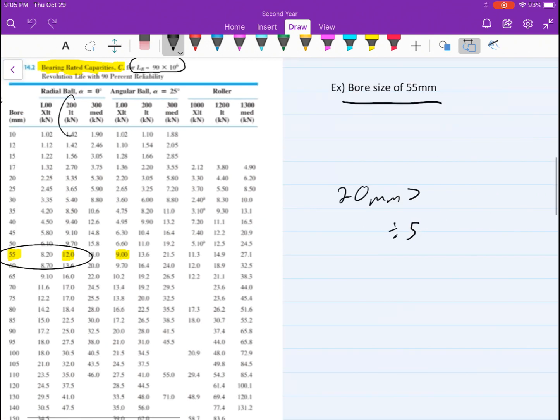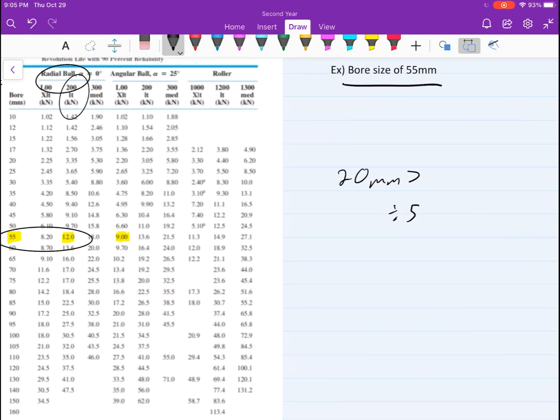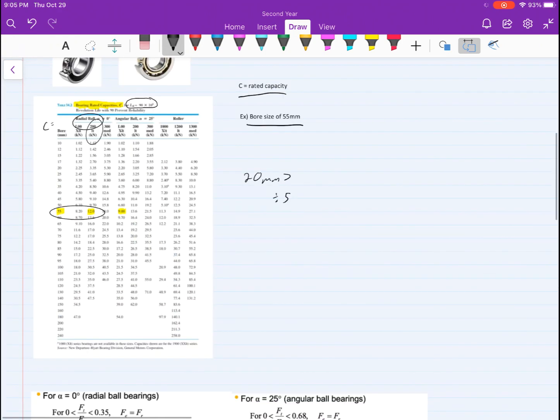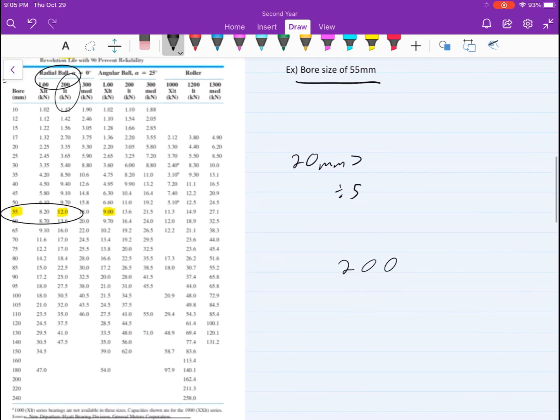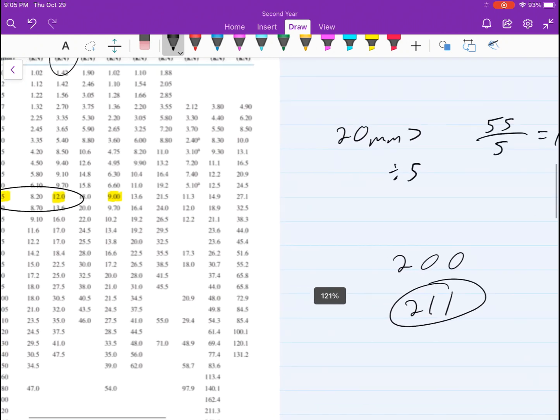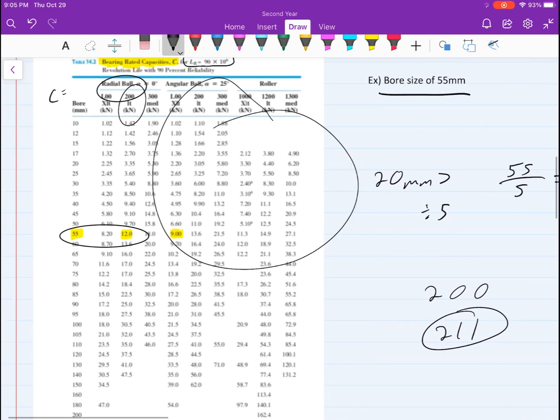If we're looking for this specific one, which is a radial bearing, it corresponds to the catalog number, which is going to be 200. So since it's over 20 millimeters, we would divide by 5, which is equal to 11. That would mean our number would be 211 for this bearing that we've selected.